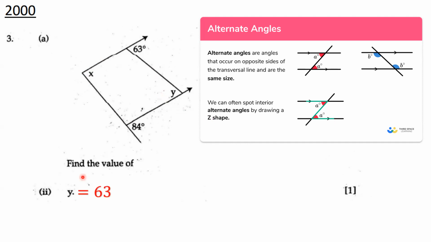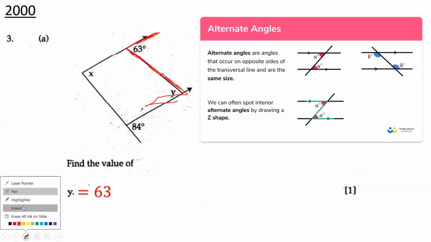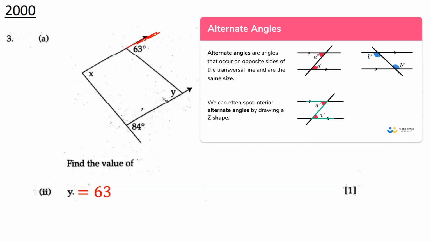And so if we can find the Z, then we can find what number to equate it with. This right here is one part, this is another part, and this is another part. Let me erase that properly so you get a clear vision. We're trying to figure out where the Z is.